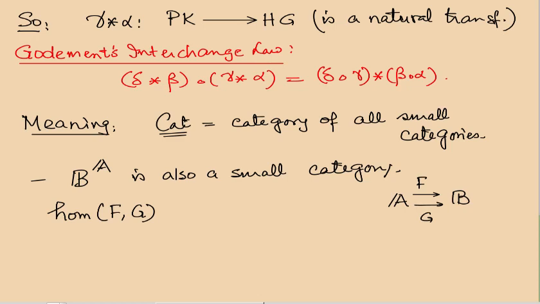And if I only have a small number of objects, if the set of objects is a small set, then the Cartesian product of two small sets is also a small set, right? So A naught cross A naught shall also be a small set.